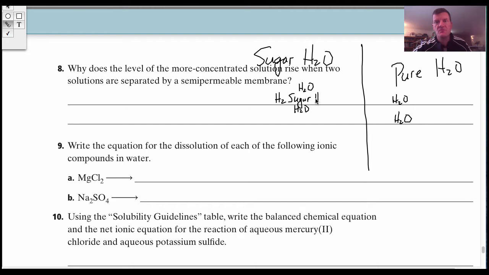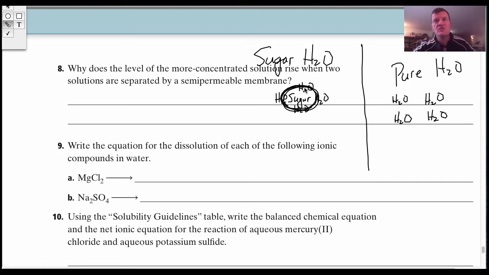Okay, so I'm going to keep this real simple. Let's say we only have 4 water molecules on this side, and they're all surrounding the sugar. Over here we have 4 water molecules as well. The sugar molecule is being attracted to all the water molecules, and this is no longer pure water.